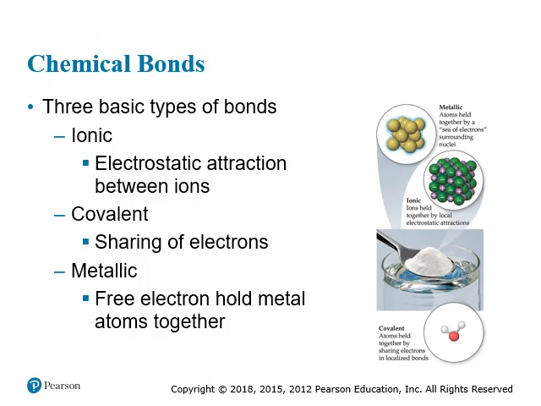With that in mind, we need to understand that there are three basic types of chemical bonds, and they differ in the way that the electrons interact with neighboring atoms. The first type is the ionic bond. The ionic bond results from the gaining and losing of electrons.